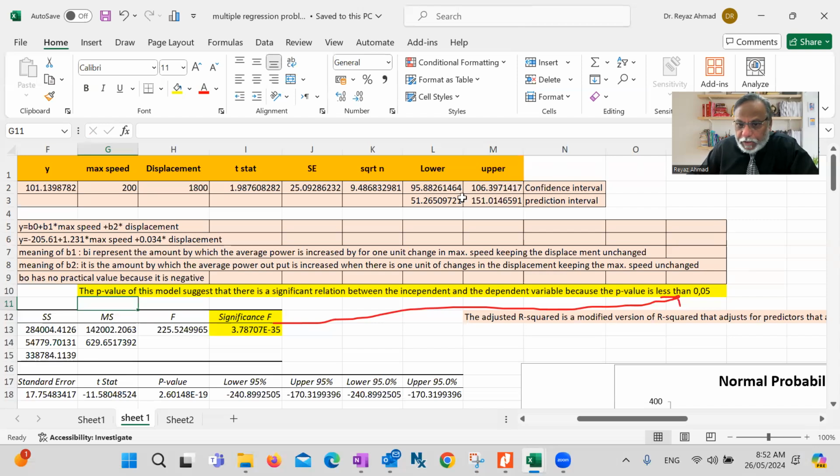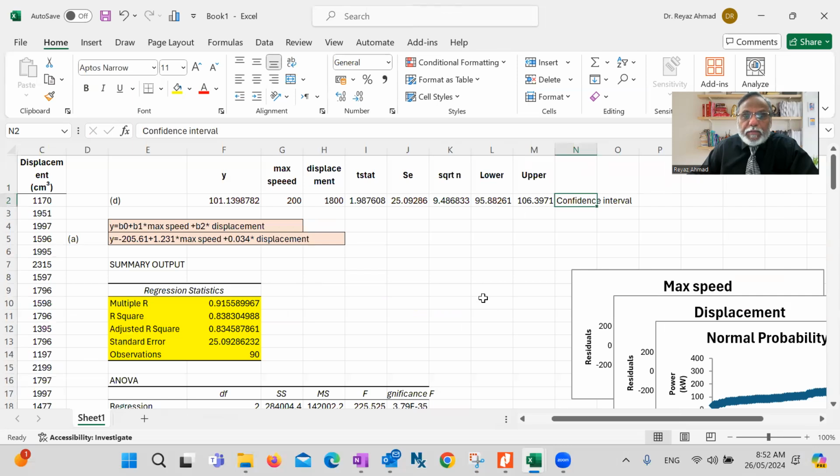I have already written the answer here. The confidence interval is 95.88 and 106.39, which is the same as here. So you will be getting these answers, okay?